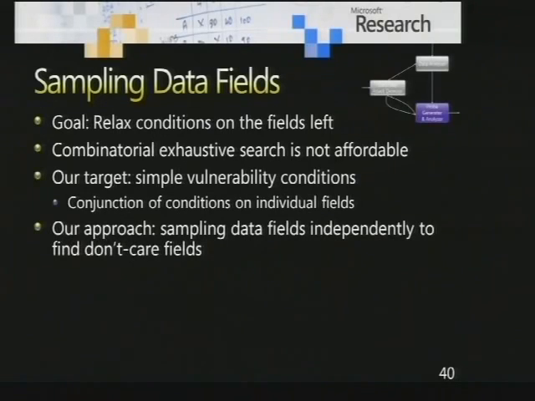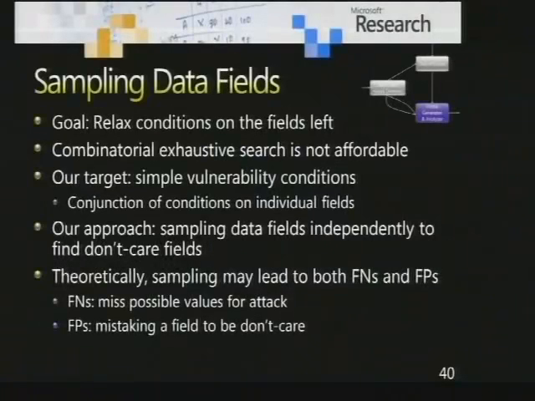Our approach here is to sample data fields independently to find the don't care fields. A don't care field is basically a field that can take any arbitrary value. It doesn't matter to the vulnerability. Theoretically, I want to point out that sampling may lead to both false positives and false negatives.